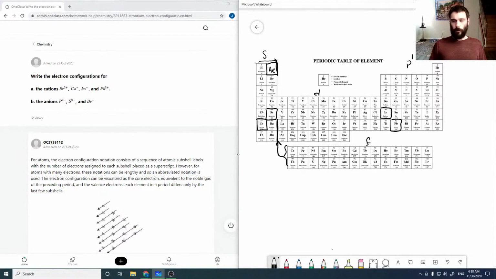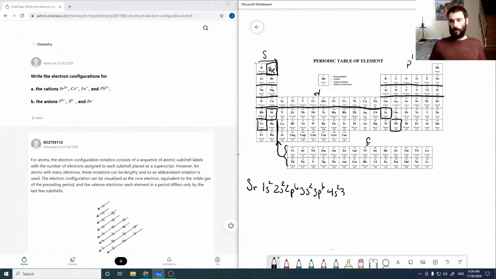All right. So for strontium, we have 1s2, and then 2s2, and then 2p6, and then 3s2, and then 3p6, and then 4s2, and then for the D block, we hold 10, but it starts at 3d, and so there's 10, and then 4p6, and then we get up to strontium, so we've got 5s2.